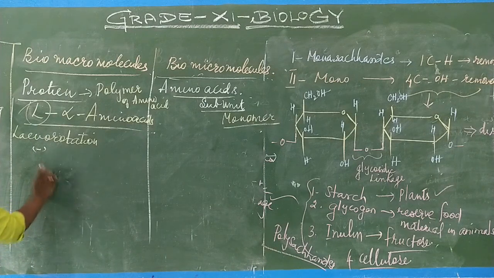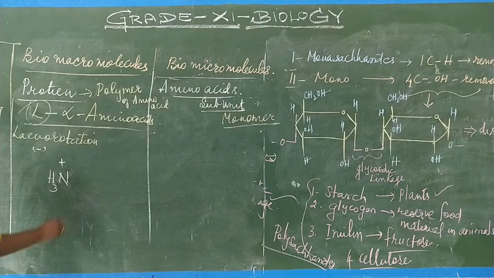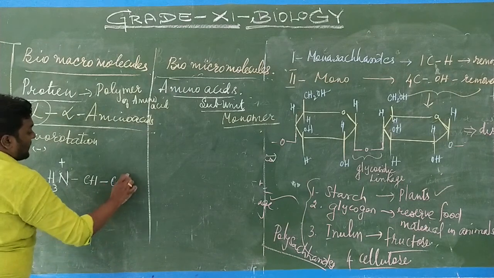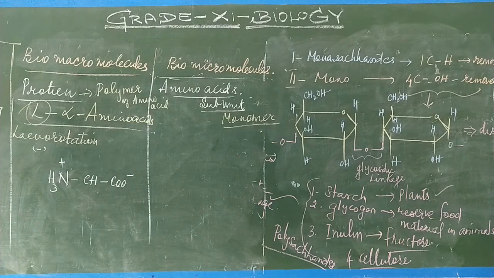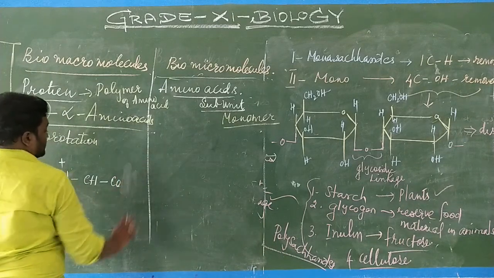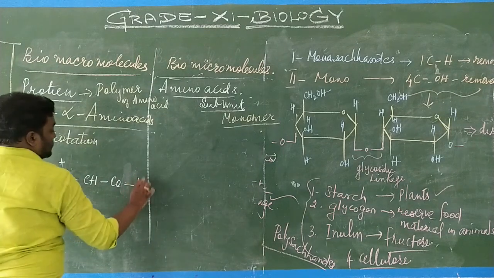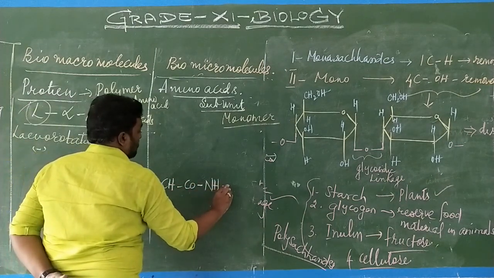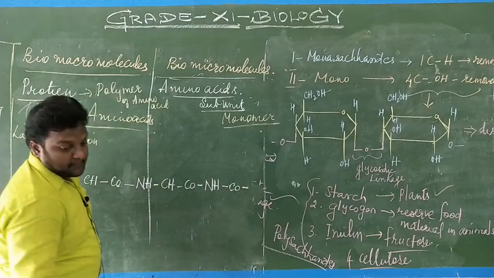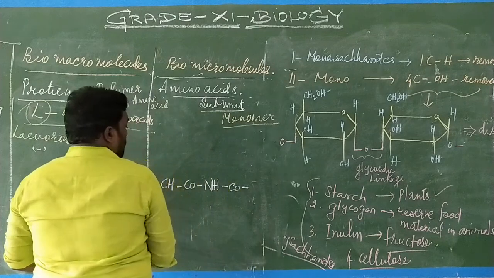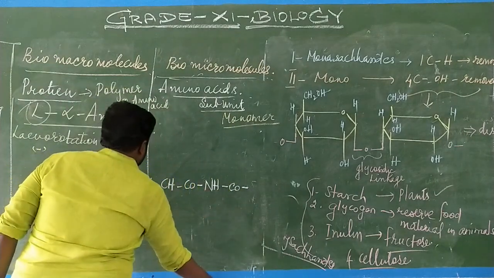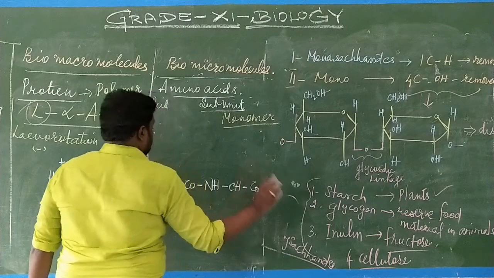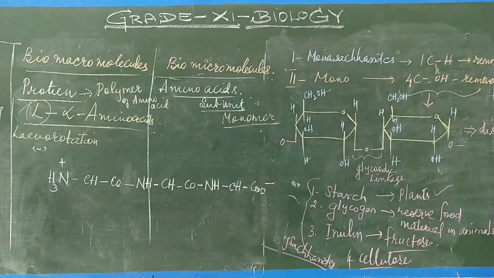NH3 plus, bond, CH, bond, COO minus. No, you write CO, bond, NH, again CH, bond, CO, bond, NH, bond, CO, bond, CONH, then CH, bond, CO minus. I stop it like this. So this is a protein.